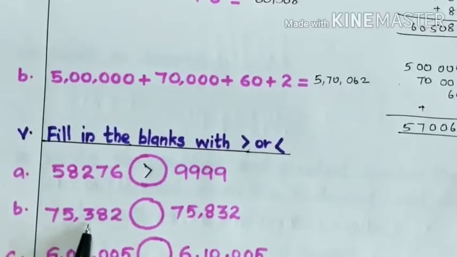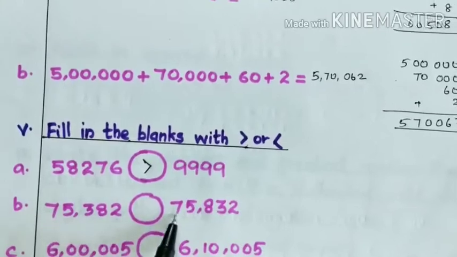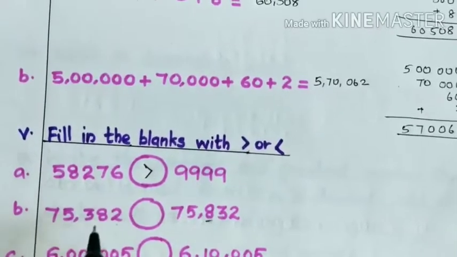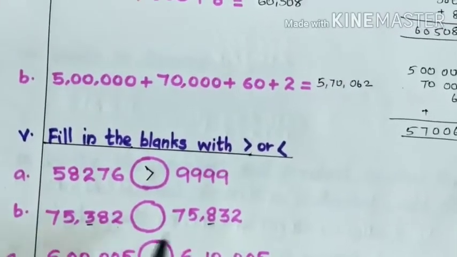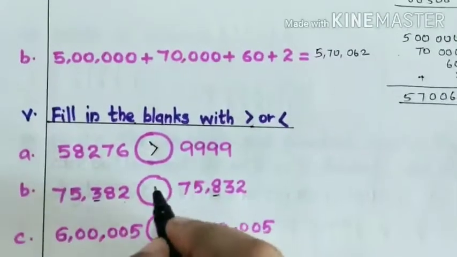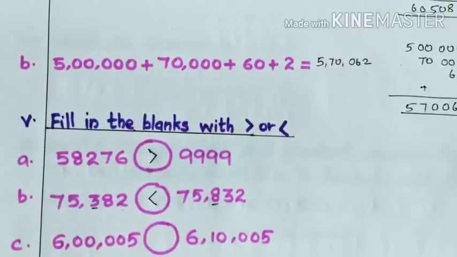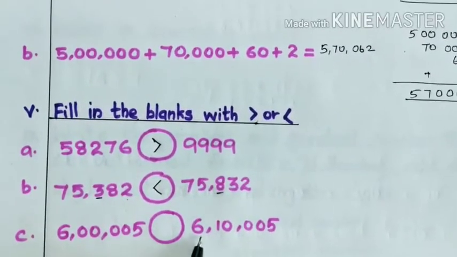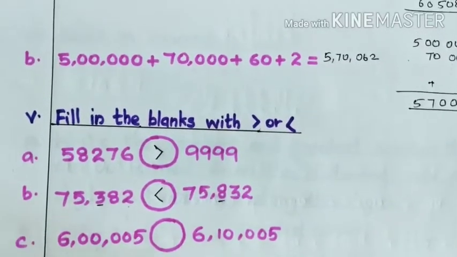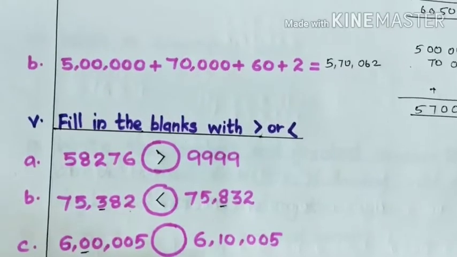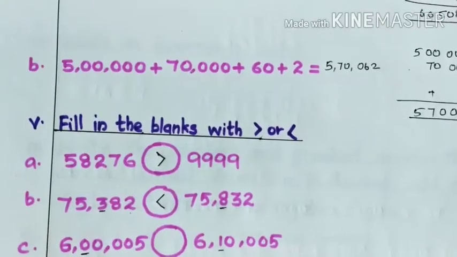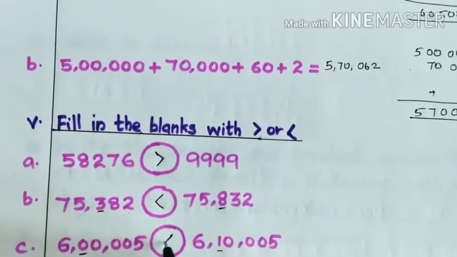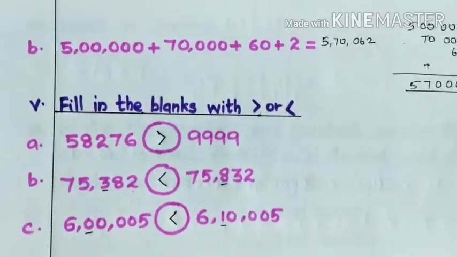Here 75,382 and 75,832, which is the greater number? 75,832. 6 lakh 5 and 6 lakh 10,005. Here the digit is 0, here the digit is 1. So 6 lakh 10,005 is greater.